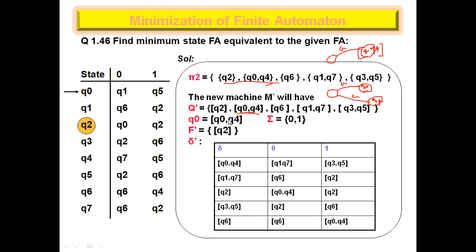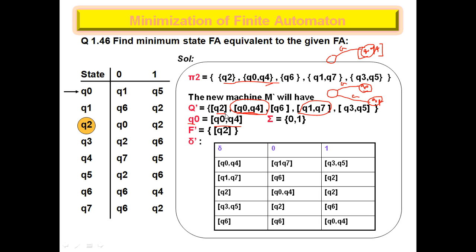Okay, so it is clearly visible here. So these are the states. The initial state Q0 will become this Q0, Q4, because we don't have any Q0 state. So Q0, Q4 is collectively known as a single state. These are all single states.